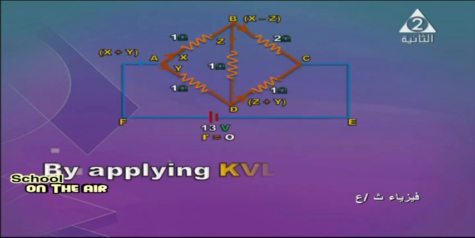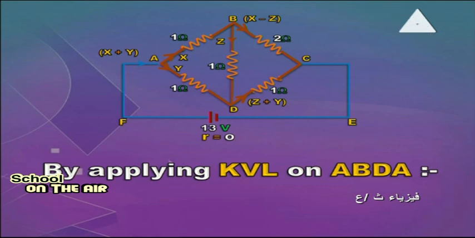By applying Kirchhoff's voltage law on loop A, B, D, A. Your attention, A, B, D, A. When going with the current through a resistor, we'll have a drop in voltage. Current X flows through arm AB, and current Z flows through the arm BD.